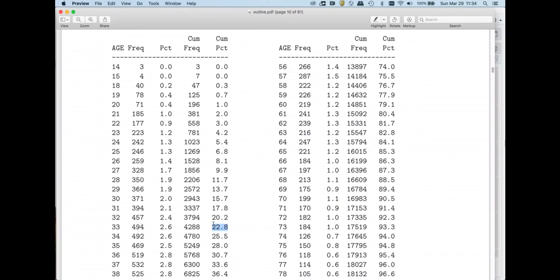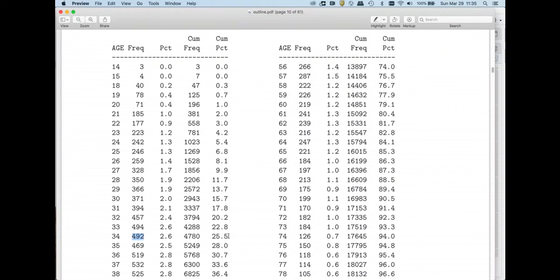So notice I'm not a quarter of the way into my data set. So if I had these people sorted in terms of their age, the next person after the 4,288 person would have age 34. In fact, the next 492 people would all have age 34.